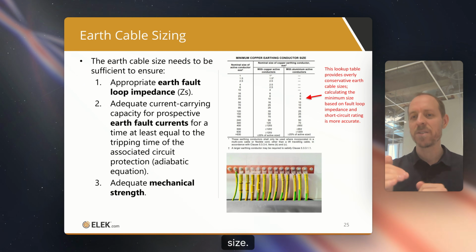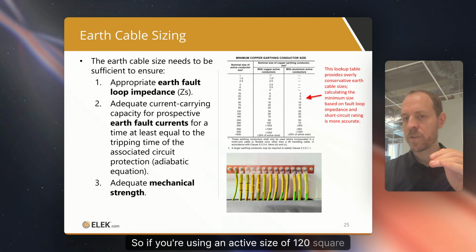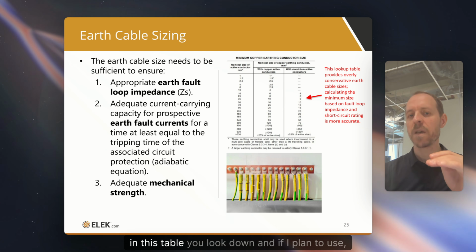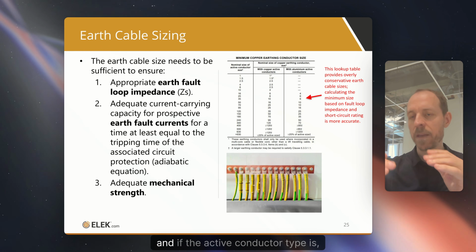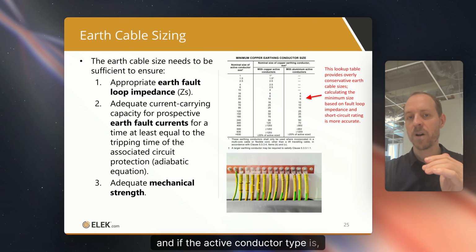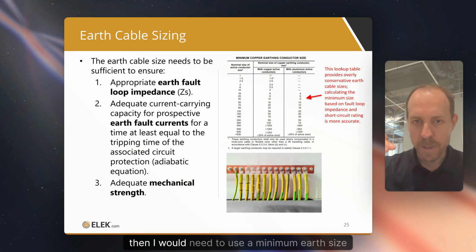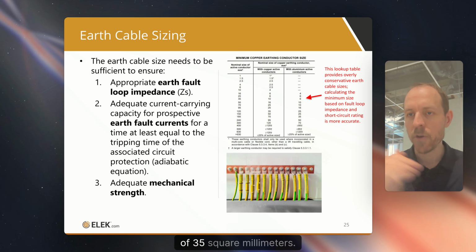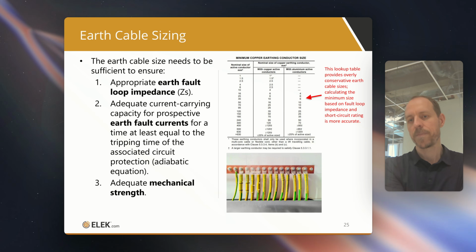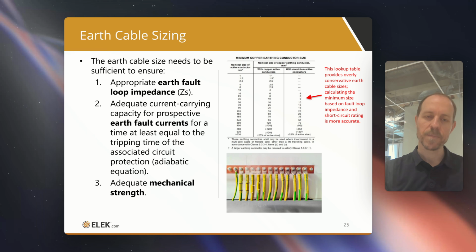So if you're using an active size of 120 square millimeters, for example, in this table, you look down, and if the active conductor material is copper, then I would need to use a minimum earth size of 35 square millimeters. That's using this simple lookup table method.